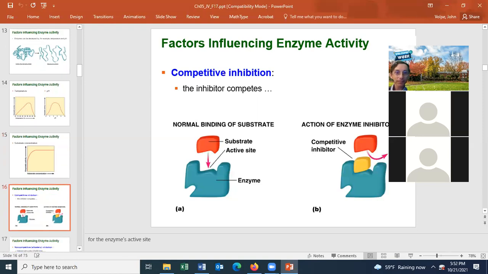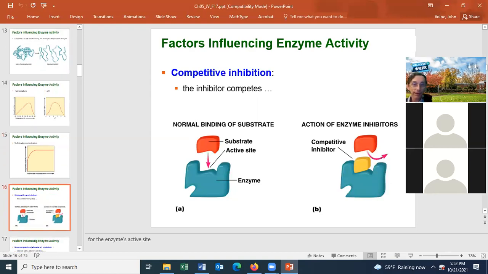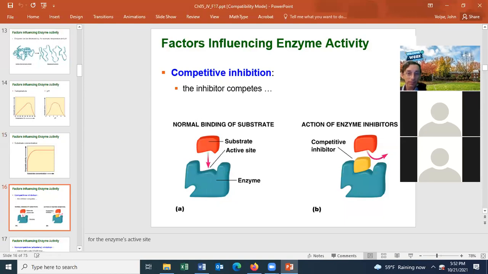Competitive inhibition. Factors influencing enzyme activity. A competitive inhibition is an inhibitor that competes with the substrate. It competes actively for the active site. And so we can have a drug which acts as a competitive inhibitor.